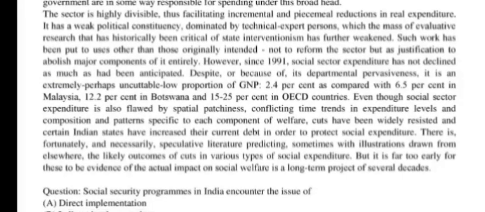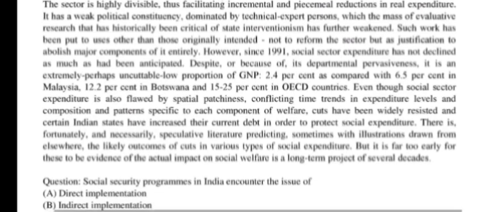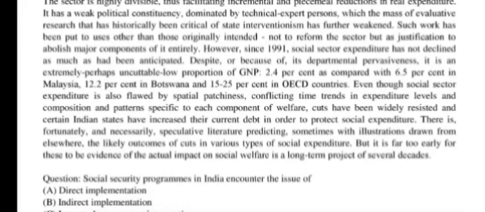It has a weak political constituency dominated by technical expert persons, which the mass of evaluative research that has historically been critical of state interventionism has further weakened. Such work has been put to uses other than those originally intended, not to reform the sector but as justification to abolish major components of it entirely.